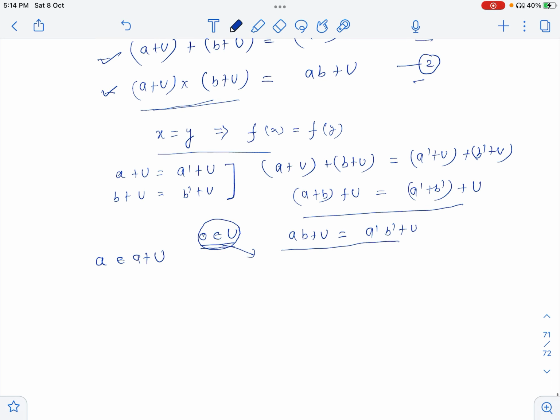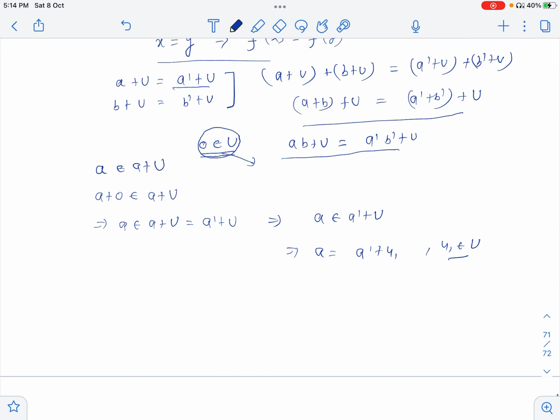So a plus 0 belongs to a plus U. That means a belongs to a plus U. And a plus U is equal to a dash plus U, which we have assumed. That means a belongs to a dash plus U. So a is equal to a dash plus u1, where u1 belongs to capital U. Similarly, b can be written as b dash plus u2, where u2 belongs to capital U.